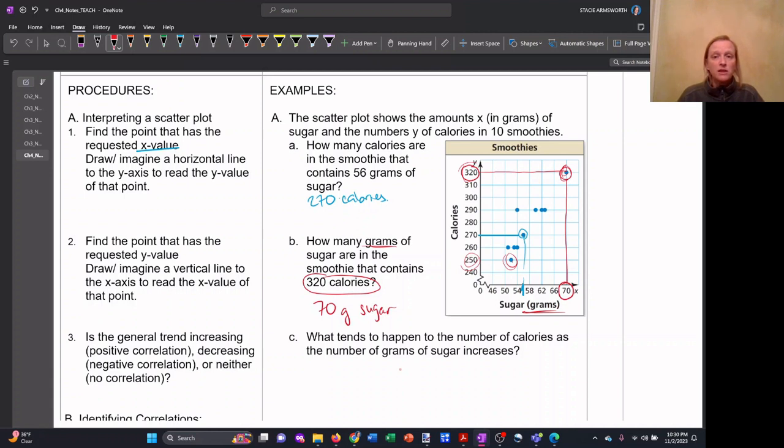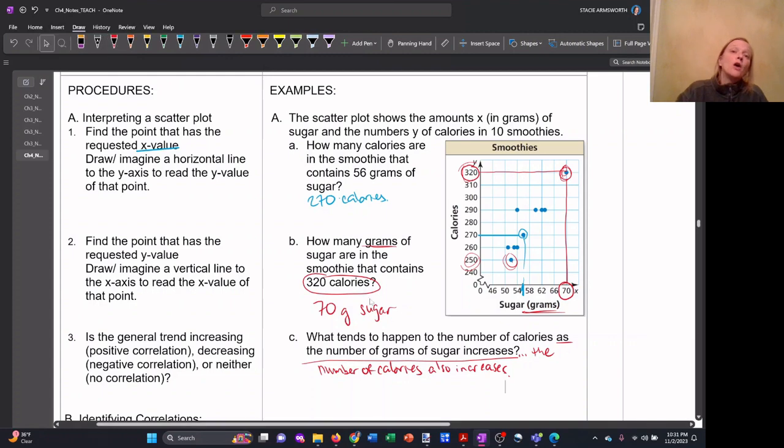So I would say that as the number of grams of sugar increases, the number of calories also increases. I'm interpreting this graph in terms of the actual labels on the x and the y axis to say how those two variables seem to be related to each other.